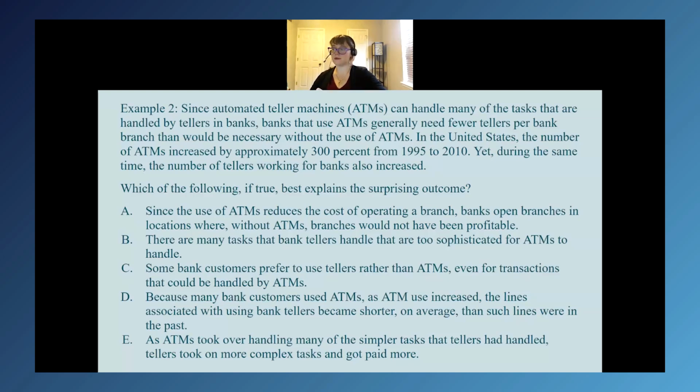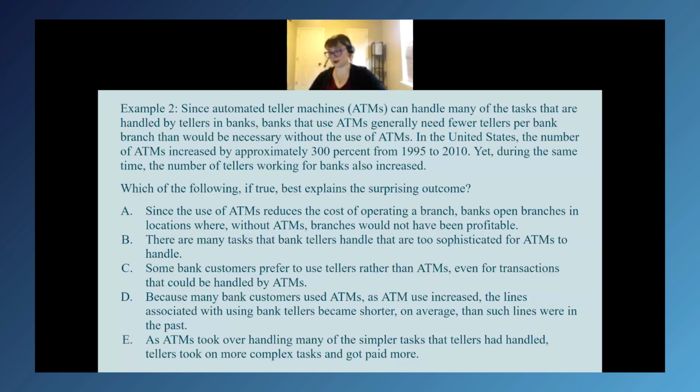It might also explain a level amount of tellers if they were able to handle more complex tasks and spend less time on transactions. But even with E, there could still be a decrease because the ATM is taking a lot of the simple tasks off their hands. Maybe they don't need as many tellers.